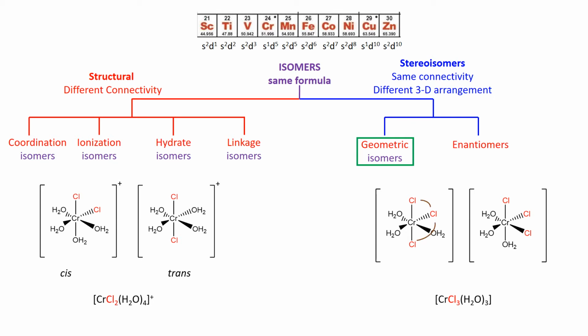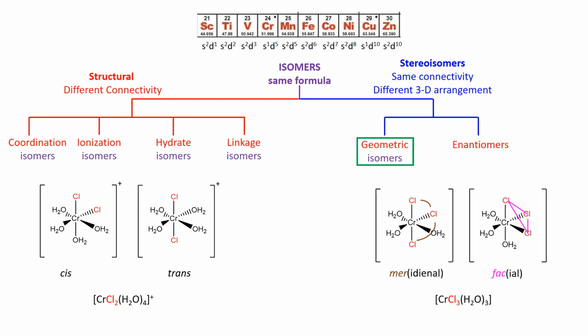And this one here, where you've got the trans and the cis, they're sort of occupying a meridian. If you think about it just going around in a nice little semicircle there. So those are called meridional or MER. And then these here, where if I join them up, you can see they define the face of an octahedron. And so those are called FAC for facial.